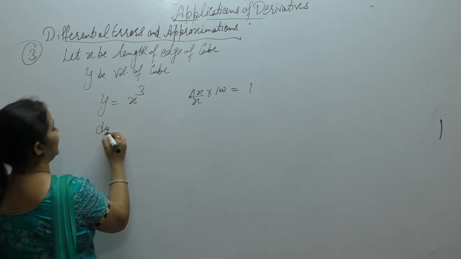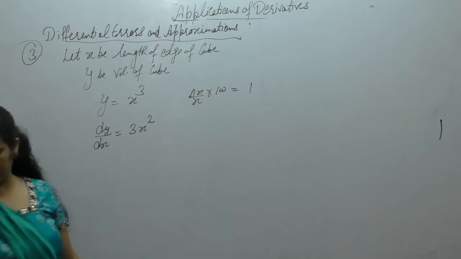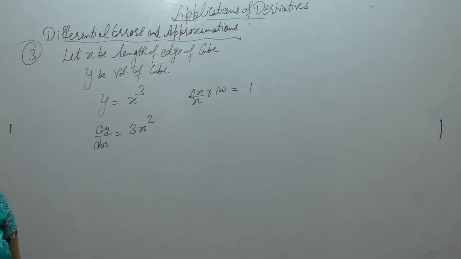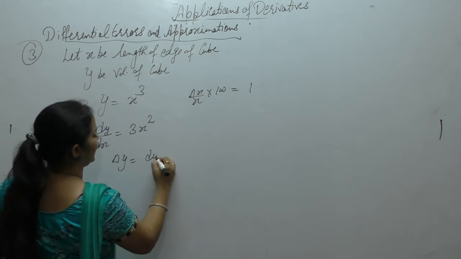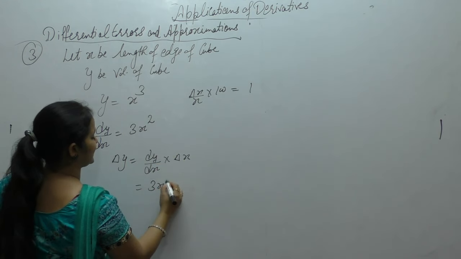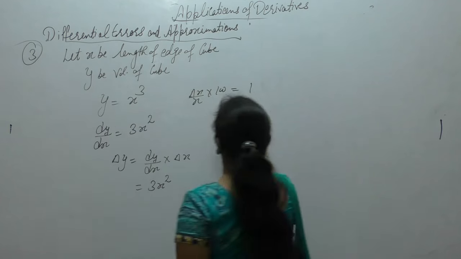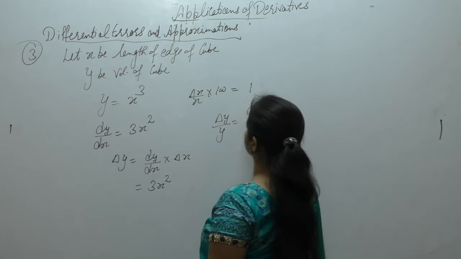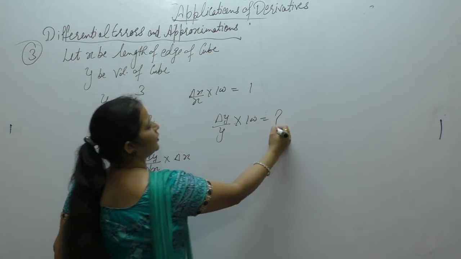So dy upon dx is 3x square. Clear? Now delta y is dy upon dx into delta x, and dy upon dx is 3x square. Now we want to find delta y upon y. We want to find the error.